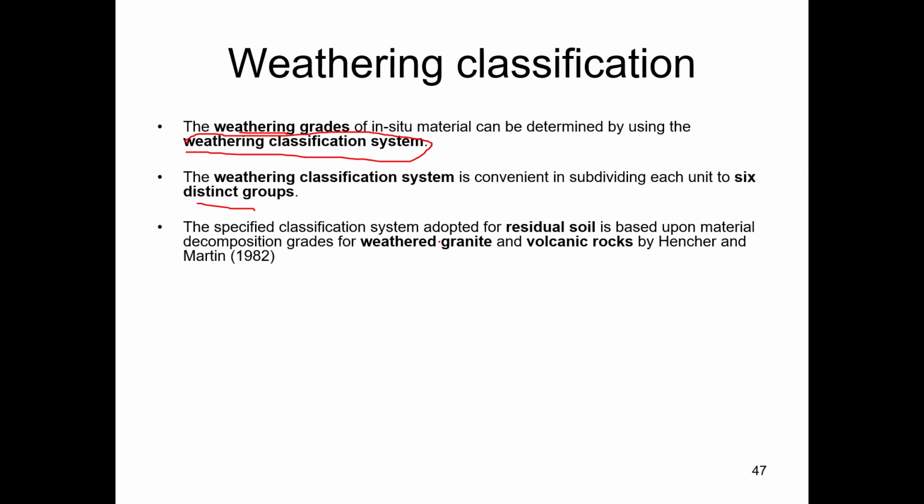This classification system adopts residual soil based upon their material decomposing grade, of weathered granite or volcanic rocks. So normally residual soil is on the top layer of this weathering grade.